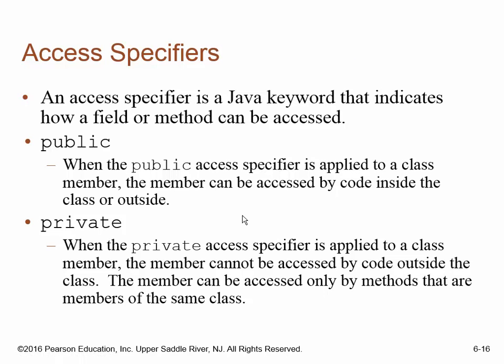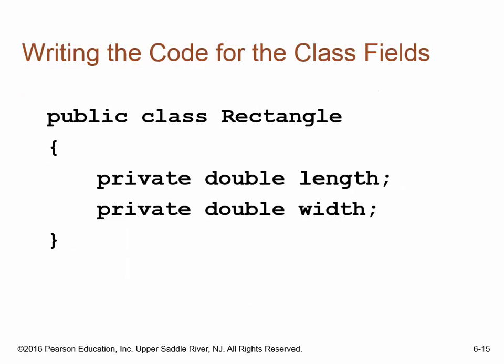All right. Remember that public and private, those are known as access specifiers. As it says, when you use public, the member can be accessed by code inside of the class or outside of the class. When you say private, it can only be accessed, in this case, our private data. This can only be accessed by methods within this class. So I told you this in an earlier lecture.